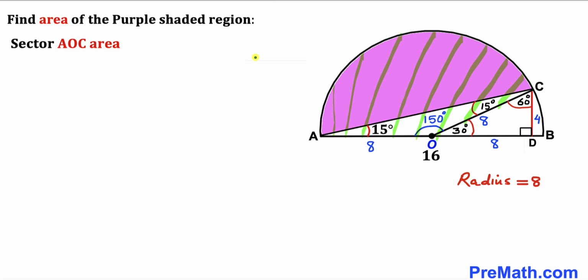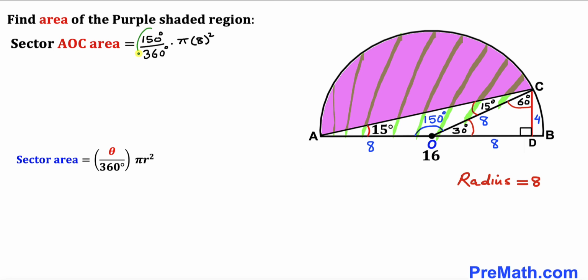And here's our next step. Let's calculate the area of this sector AOC. Now let's recall the sector area formula. Area equals theta divided by 360 degrees times pi r squared. In our case, our angle theta is 150 degrees and our radius r is 8. So our sector AOC area is going to be 150 degrees divided by 360 degrees times pi, and our radius 8 whole squared.